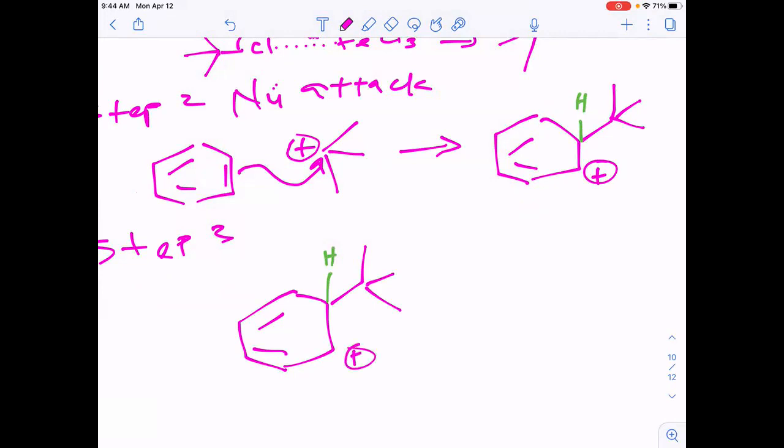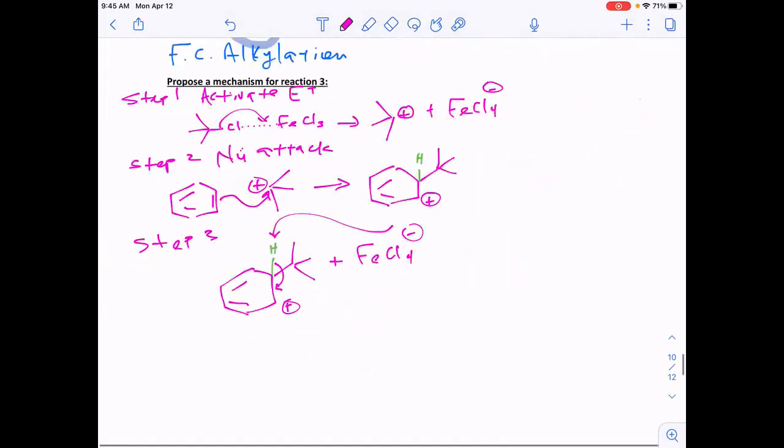Right, and it's that anionic iron that's going to come in, boom, take this proton and eliminate. And that's going to give you back your aromatic ring, which looks like this. Still, nothing has changed from that.